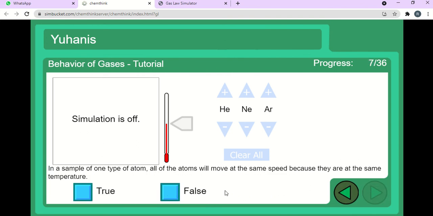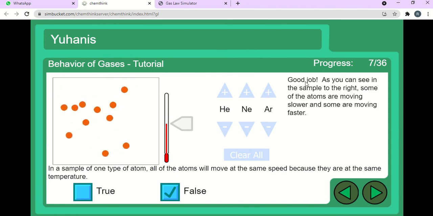In a sample of one type of atom, all of the atoms will move at the same speed because they are at the same temperature. False. Okay, good job. As you can see in the sample to the right, some of the atoms are moving slower and some are moving faster.